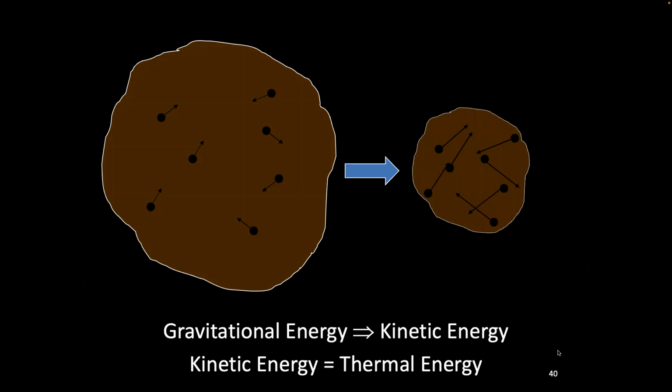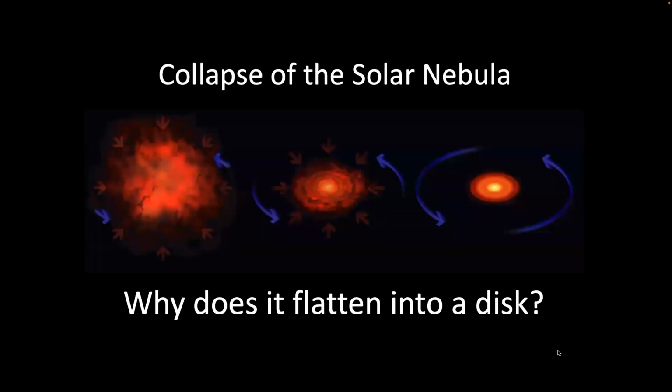So even though the whole thing itself is not moving faster in one direction, the ball's still staying here. Collapsing the gas into a smaller ball increases the temperature in the ball, so to speak. It's not a ball, gas cloud. Everyone love it? Okay. Why does it flatten into a disc?